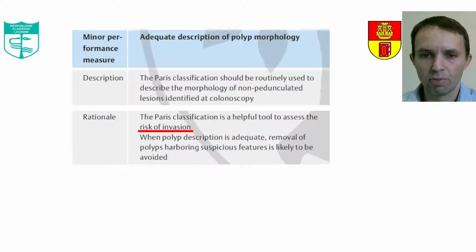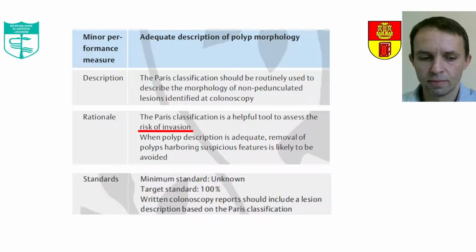When the polyp description is adequate, removal of polyps harboring suspicious features is likely to be avoided. The minimum standard is of course unknown and the target standard should be 100%. Written colonoscopy reports should include a lesion description based on the Paris classification.